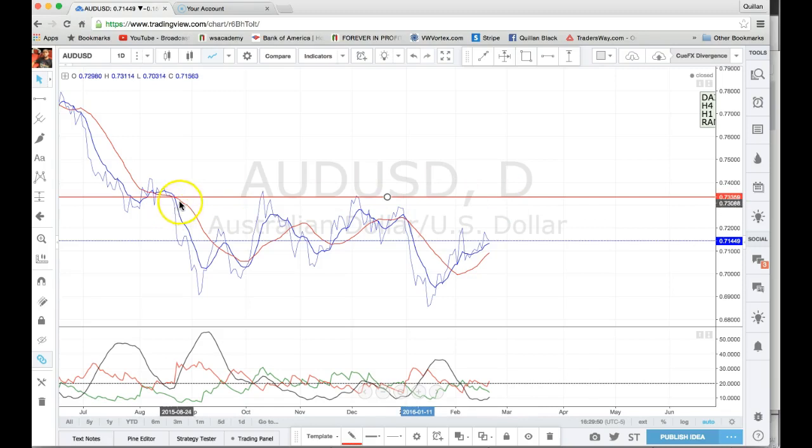What I'm looking for is multiple touches of this line, a lot of indecision where the market struggled to pass. As you can see, at this point the market came down and touched, came up and touched, came down and touched, and it struggled within this area clearly. You've got to keep that in mind and just keep on going.